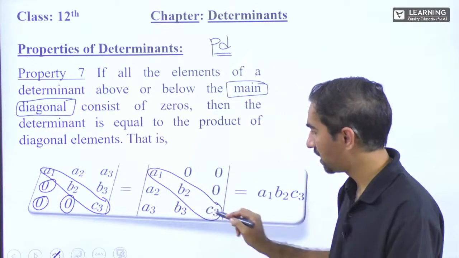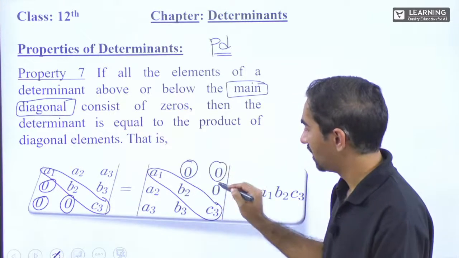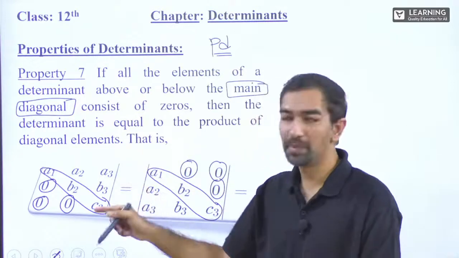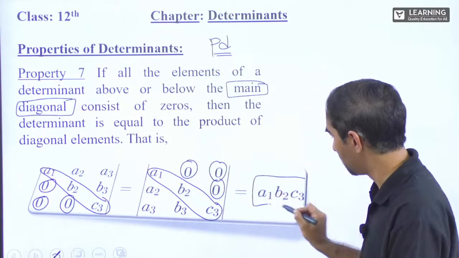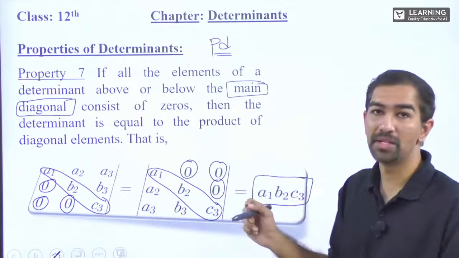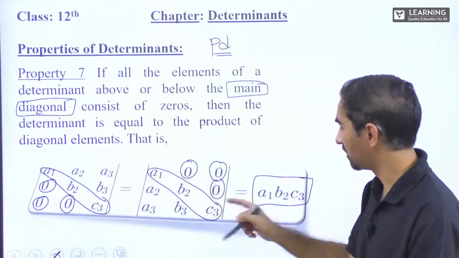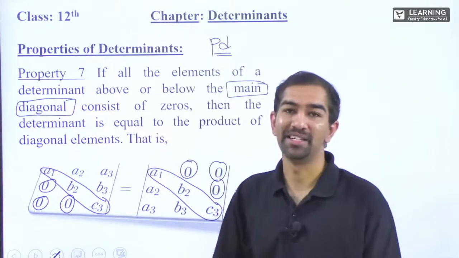So this is principal diagonal. This is also principal diagonal. Elements below are 0, elements above are 0 here. So the value of this type of determinant will be equal to the product of the principal diagonal. So what is the product of principal diagonal? A1, B2 and C3. So this will be the value of that particular determinant.